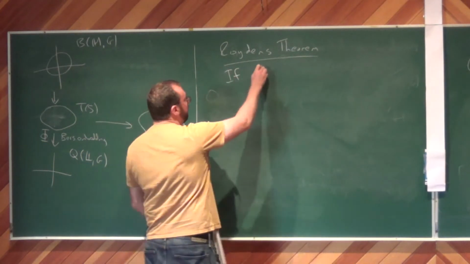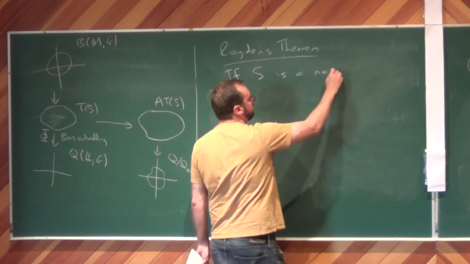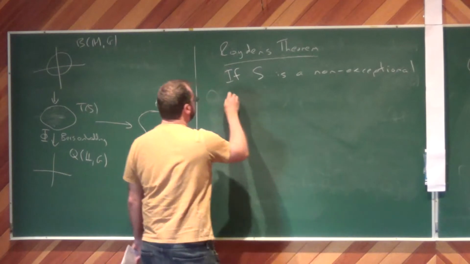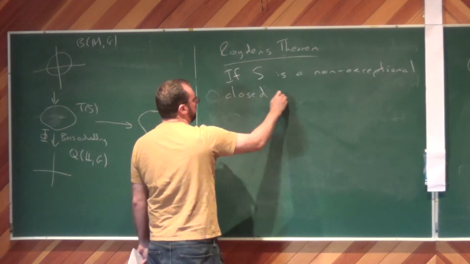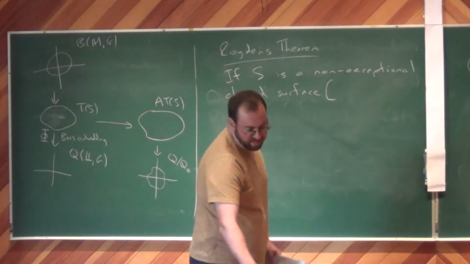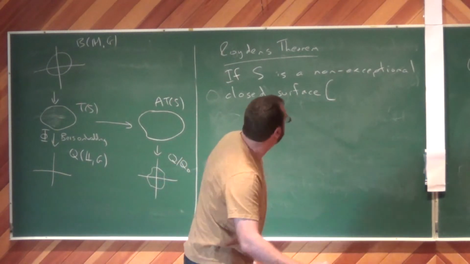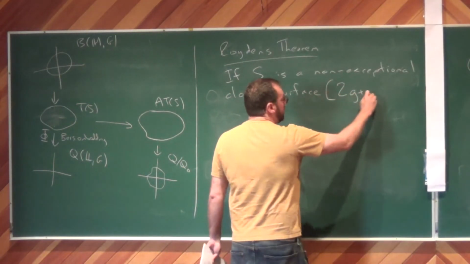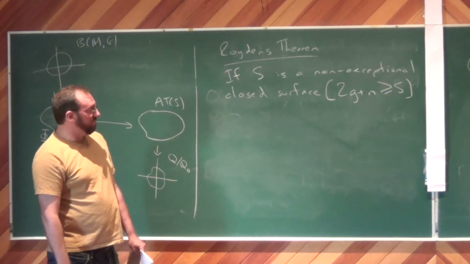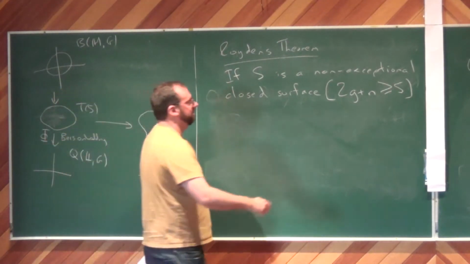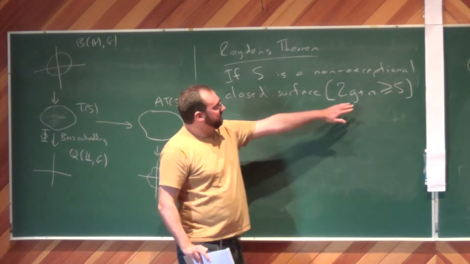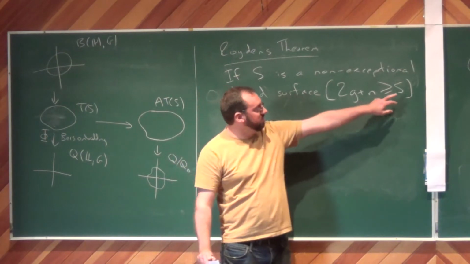So if S is a non-exceptional closed surface, and non-exceptional means that, let me make sure I get this right, if the genus is g and the number of punctures on your surface is n, we're kind of not having n be anything except 0 here, but we call it non-exceptional if it's of finite type and 2g plus n is greater than or equal to 5.